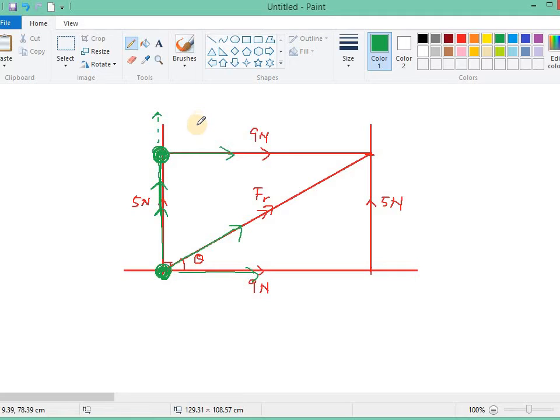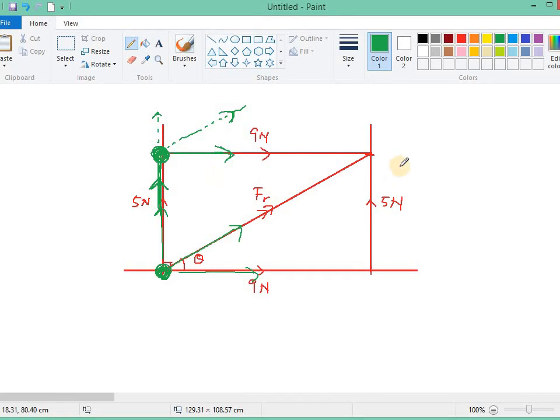So logically, this object will also go in this direction. That means this resultant force, with this angle, with this direction, can also represent the resultant force if this object is being pushed by 5 Newton and pulled by 9 Newton. You see or not?